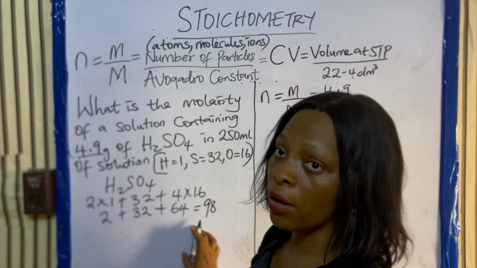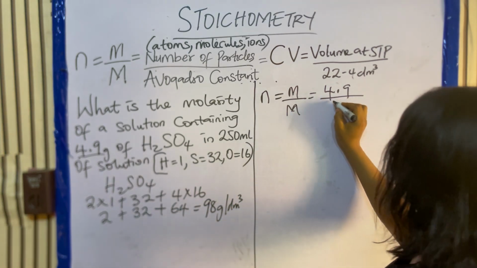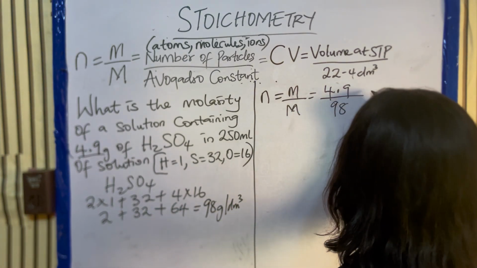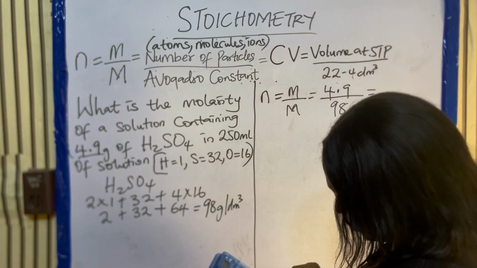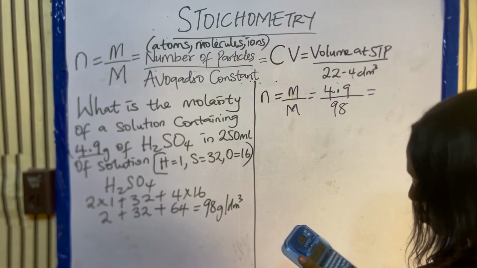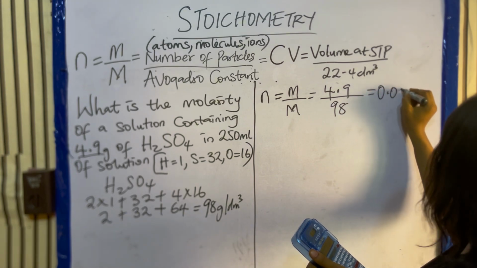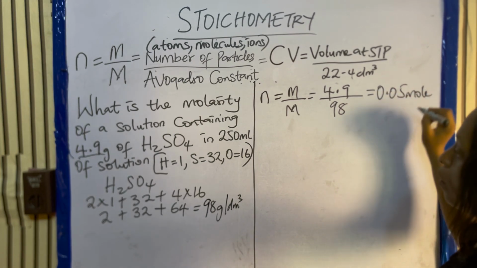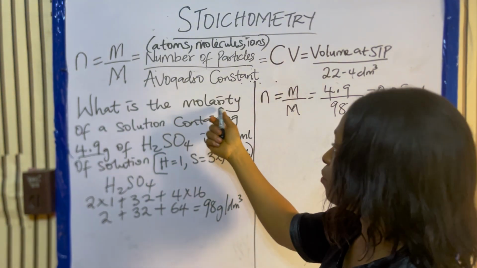So this is our molar mass, 98 gram per mole. So dividing, you have 4.9 divided by 98. That will give us 0.05 moles.